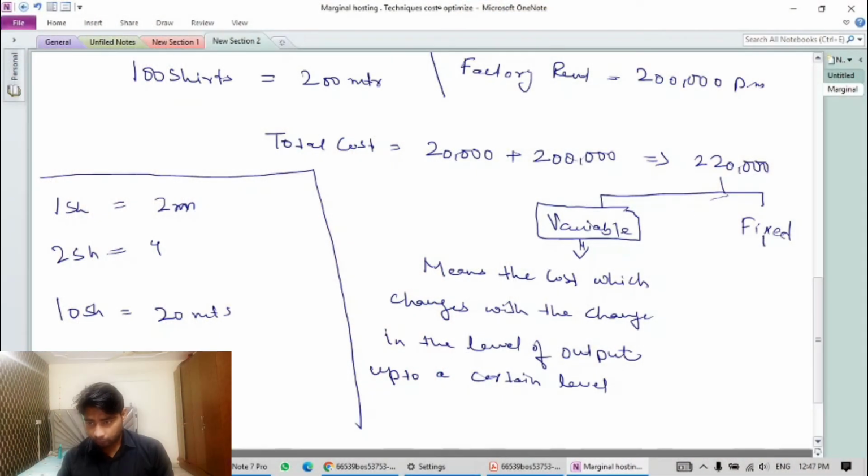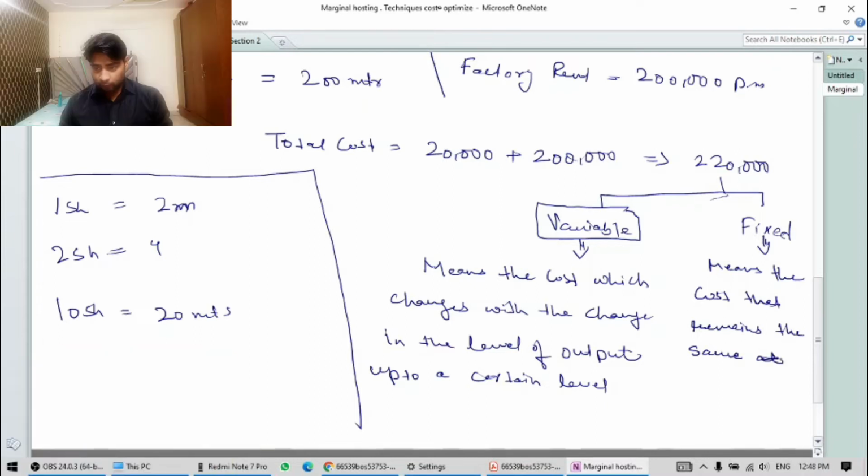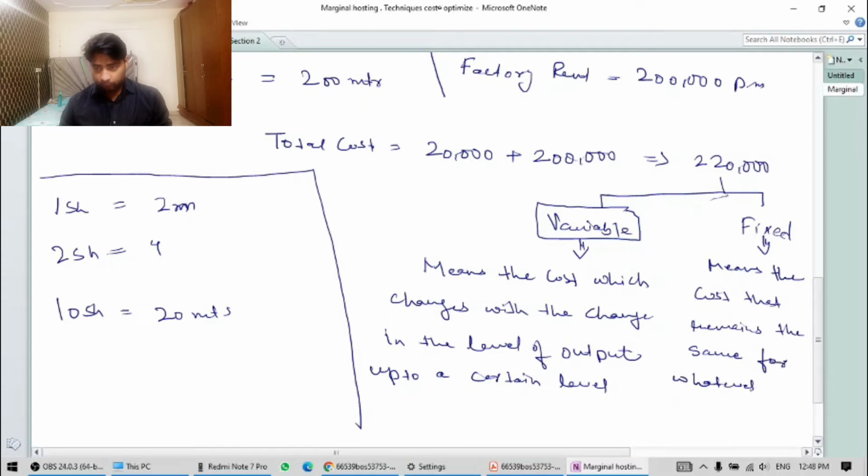And fixed cost means the cost that remains the same, whatever is the level of output.